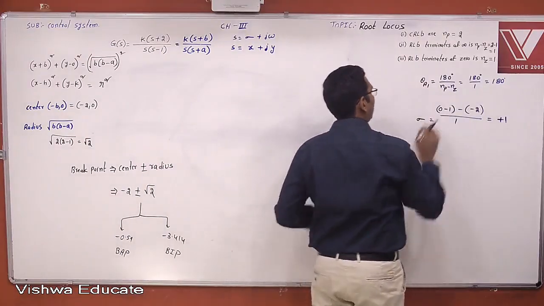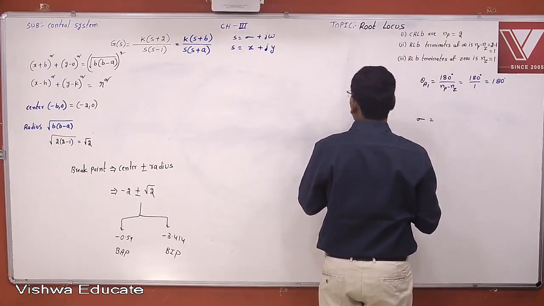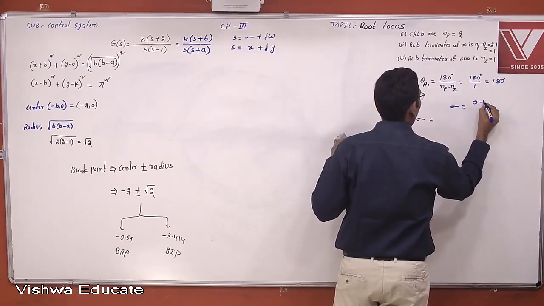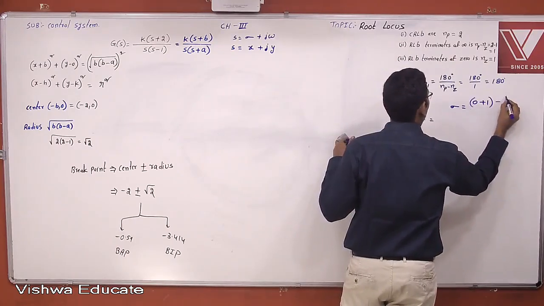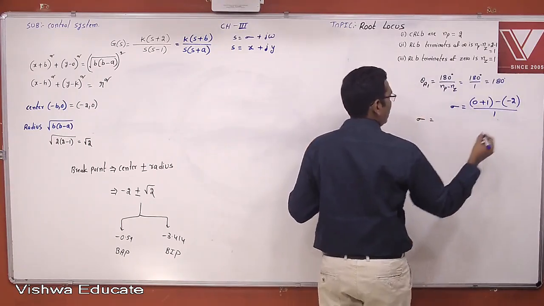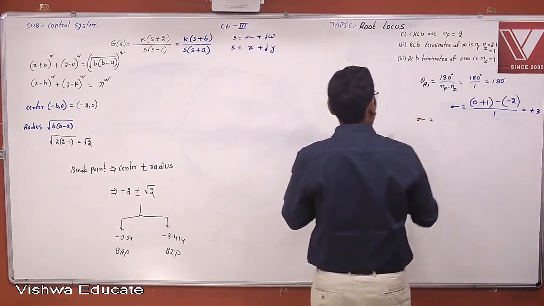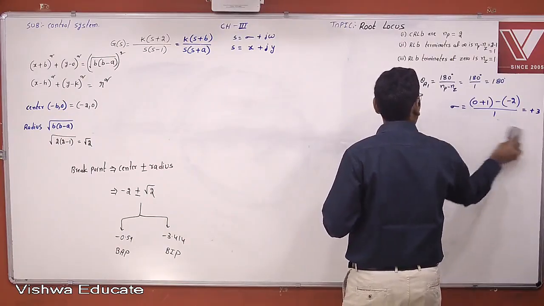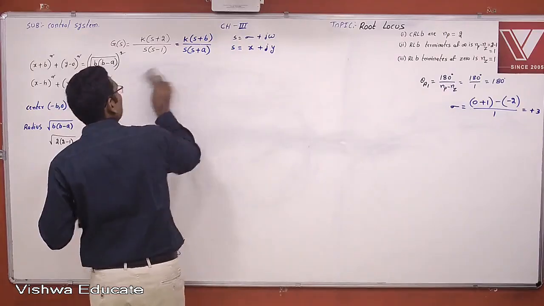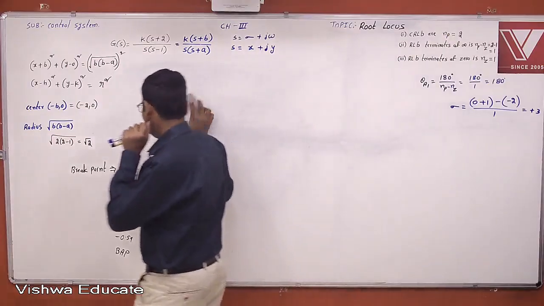Only one angle of asymptote, which is 180 degrees, and the centroid sigma is the sum of real parts of poles minus the sum of real parts of zeros, divided by np minus nz. Therefore the centroid sigma is plus 3.